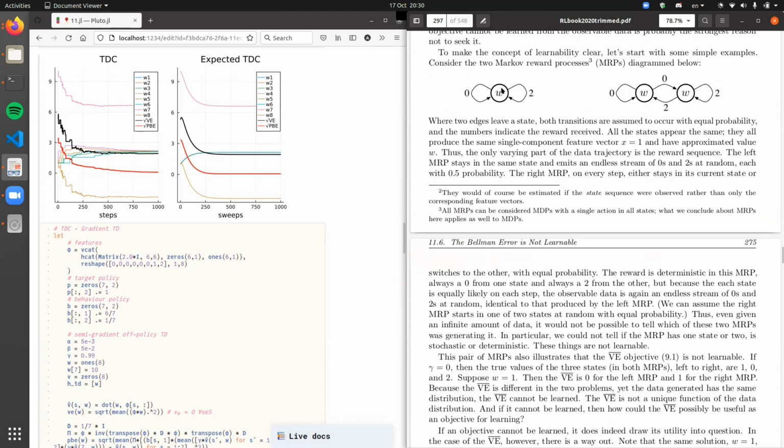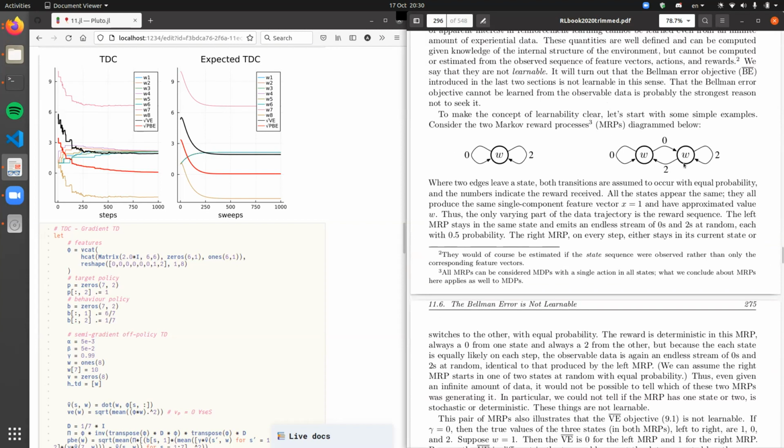So here you can see that in both cases, the value of one state is approximated by the weight W, and here the value of both states is approximated with the same coefficient W. And so the true value in this case would be 0 for the left state, this one, and 2 for this one, because all the rewards following this state are 0 and 2 respectively.